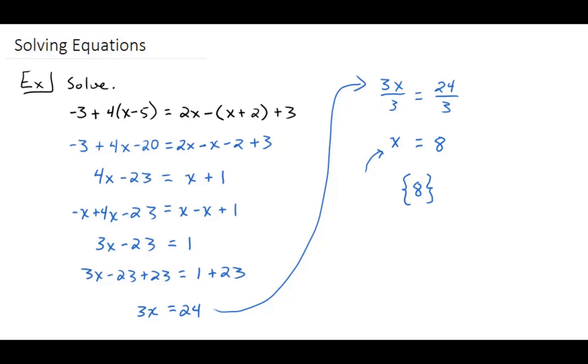Now, granted, I could do it there in that last line, but we really can do it in any line along the way, and the one we're really concerned about is the original equation. So if I take this original equation and substitute an 8 in for each one of those x's, if it is the solution, it'll produce a true statement, and that's a good way to check to make sure you've done your work correctly.